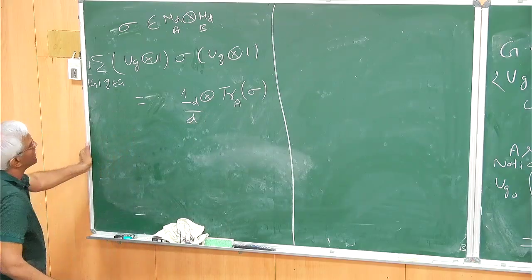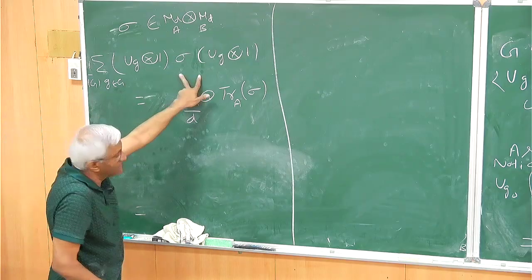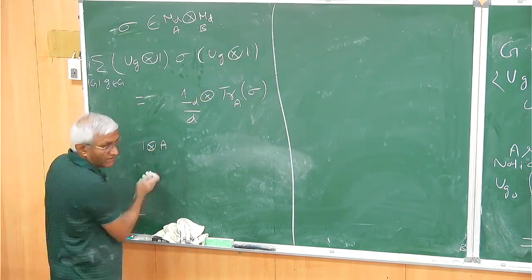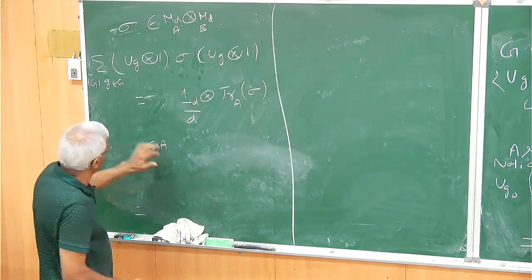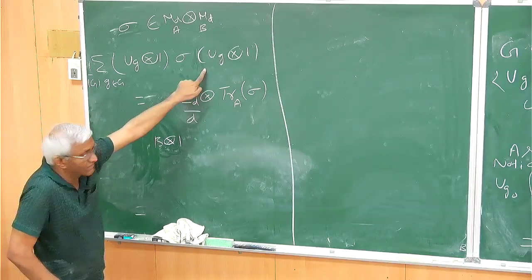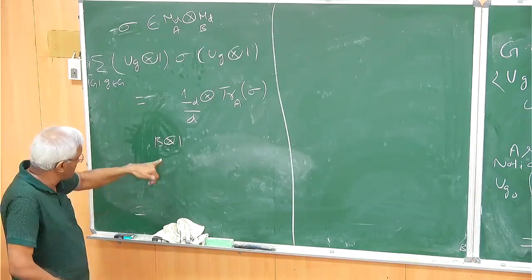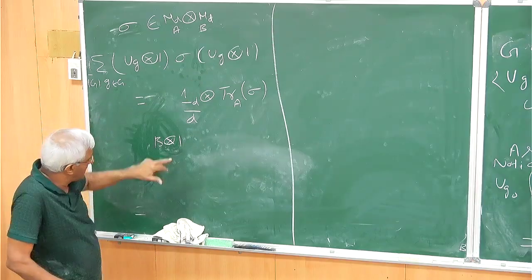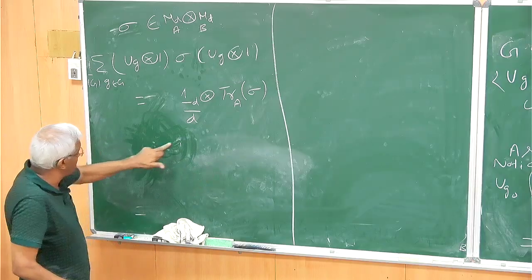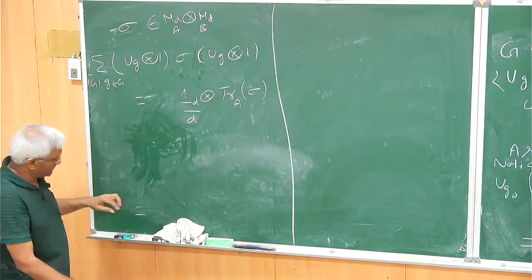Now we should have the same trace, 1 by D maybe. Because this will commute with all operators of the form 1 tensor A. So it has to be of the form B tensor 1, because it commutes with all those U_g. U_g is irreducible, so by Schur's lemma it will commute with all operators. So this is how it will look.